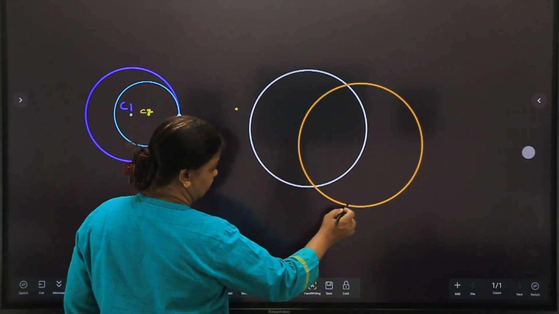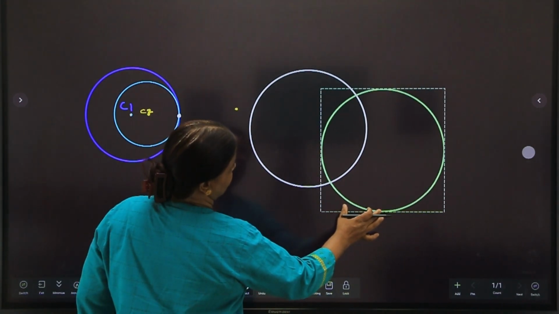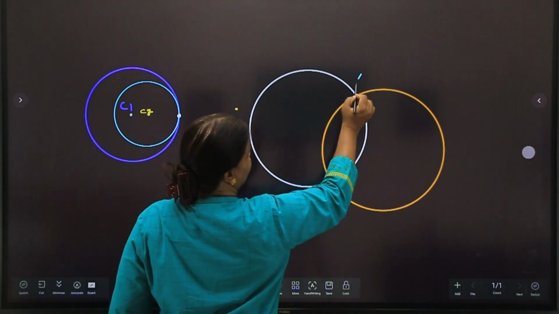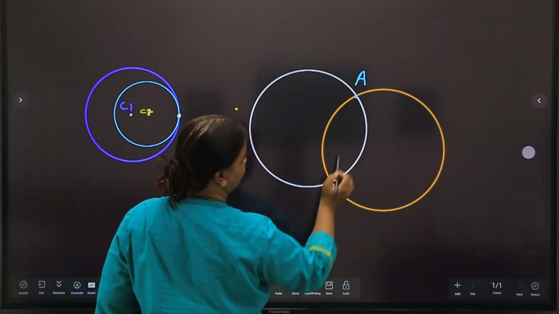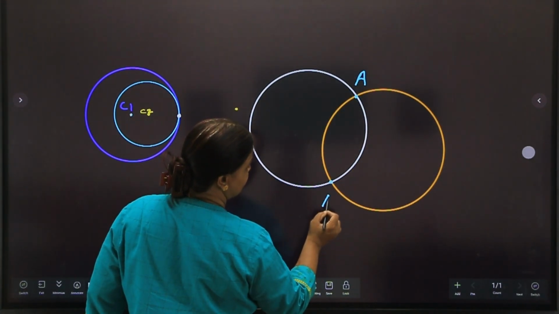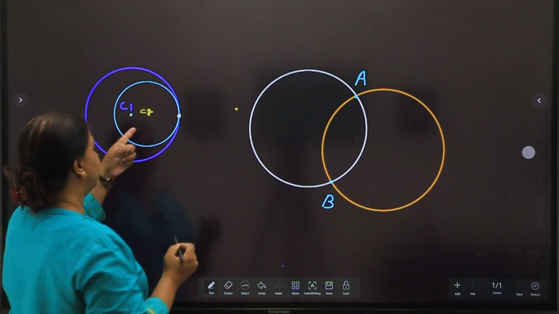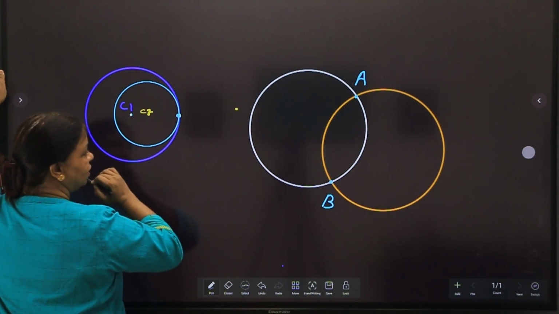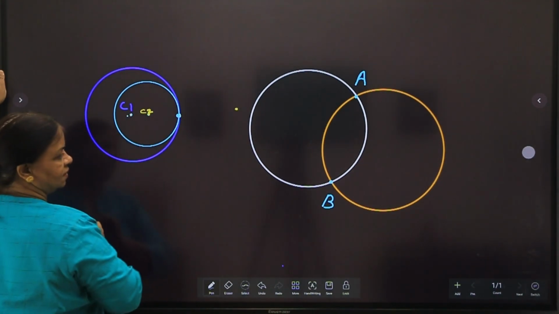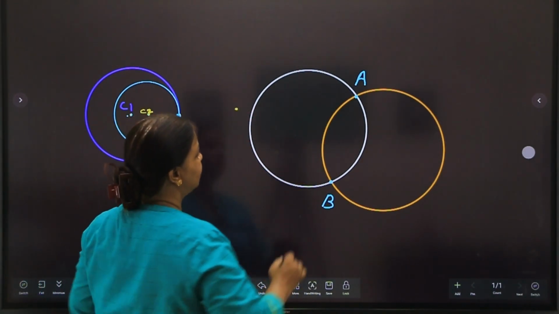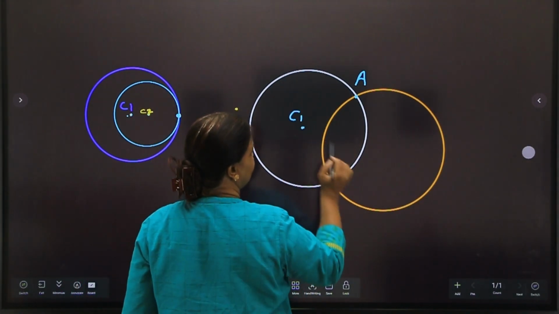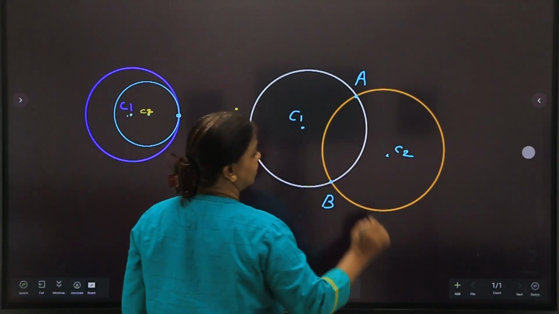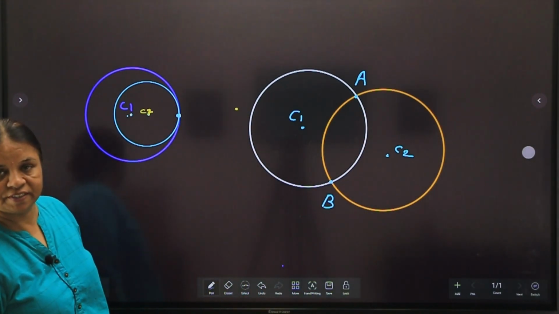You can see these two circles are cutting each other at one point and another point is B. So in the earlier case both the circles are touching each other at the same point with two different centers. Here two circles with two centers C1 and C2 are intersecting each other at two different points.